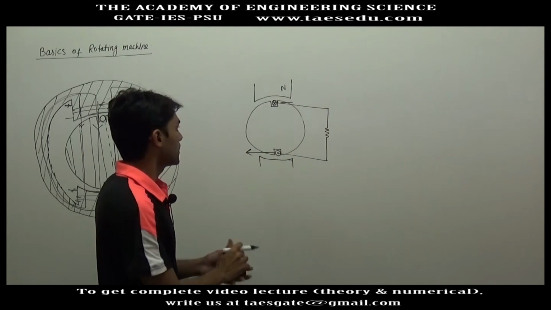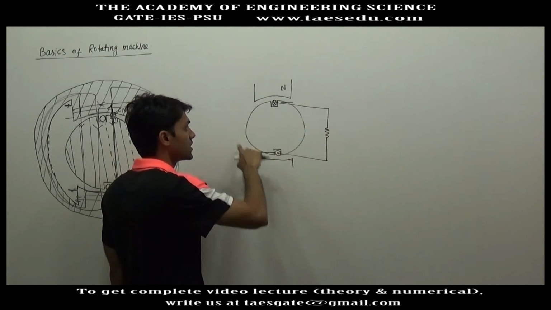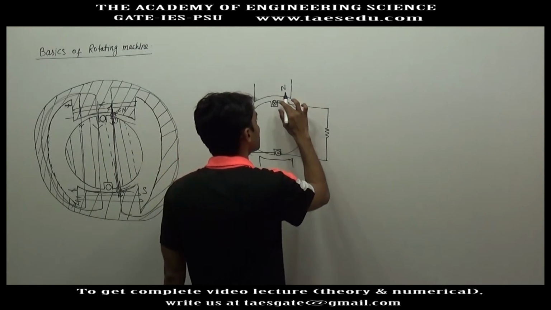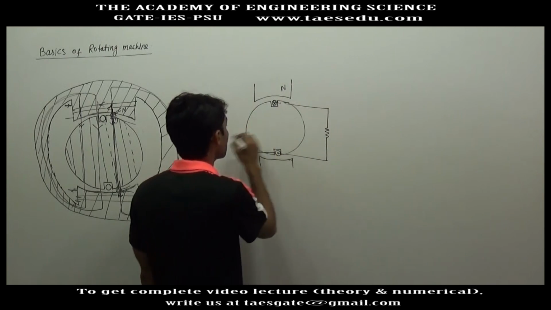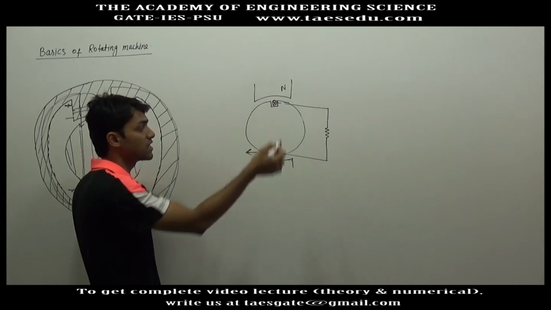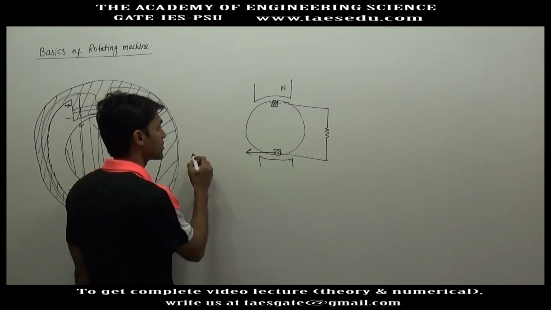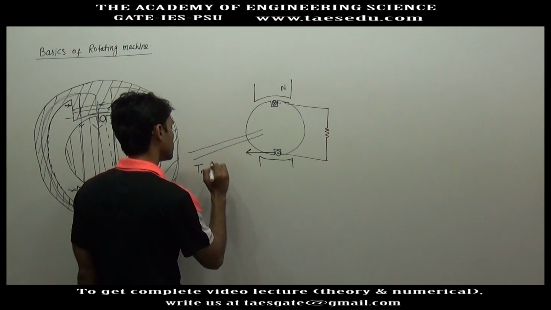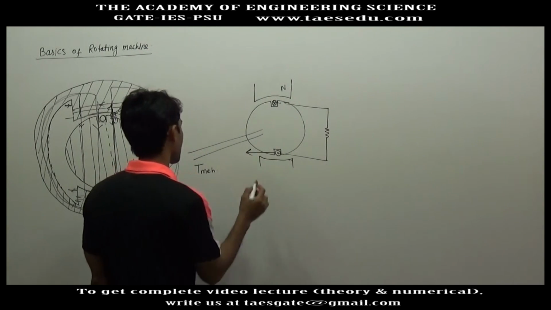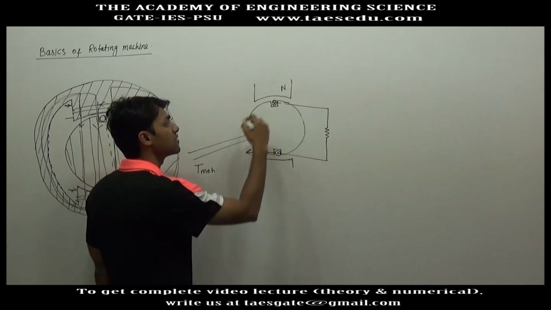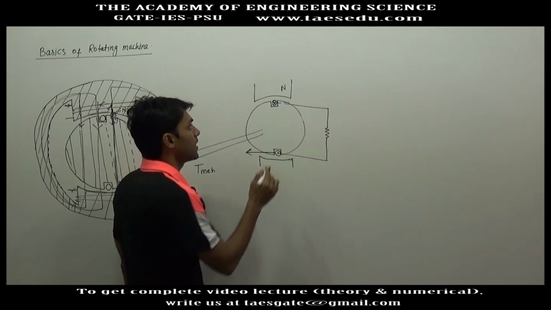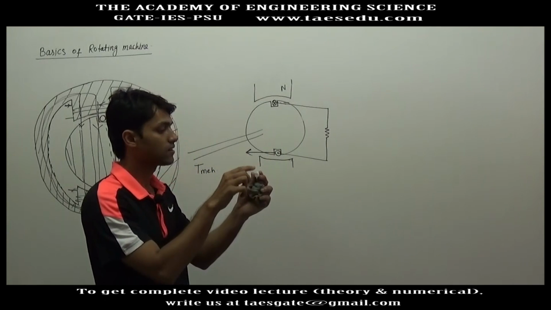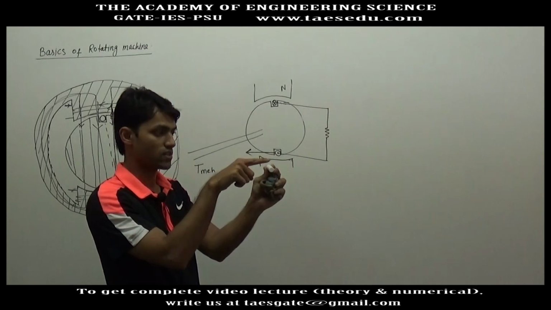So we observe that the rotor was rotated in the clockwise direction by the application of mechanical force, and as a result we have a current in the anti-clockwise direction.